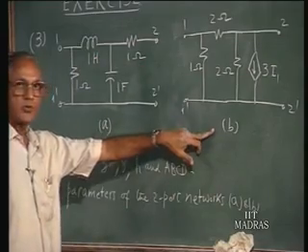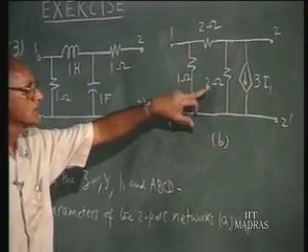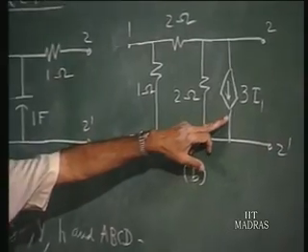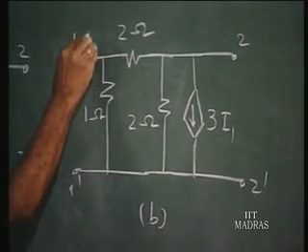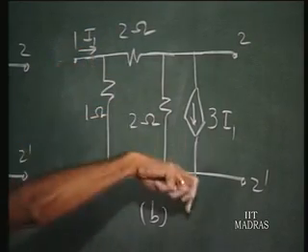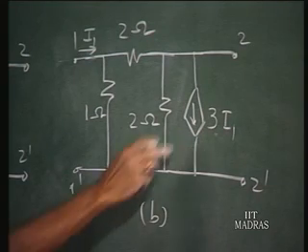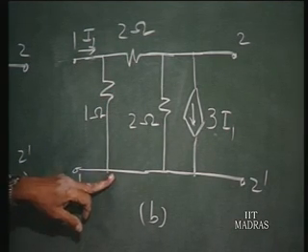Second 2-port network, 1 ohm resistance, 2 ohm resistance, 2 ohm resistance and a dependent current source here, whose value depends upon the input current I1. So, whatever current I1 we have here, the current here is 3 times I1. So, this is a dependent current controlled current source, and therefore, you will find that this network is not going to be reciprocal.